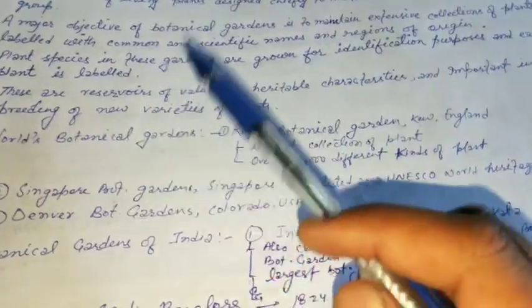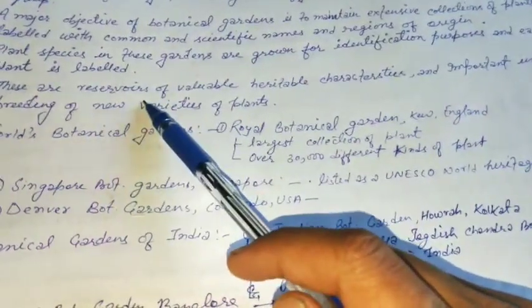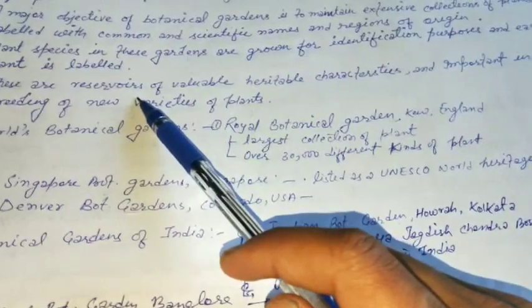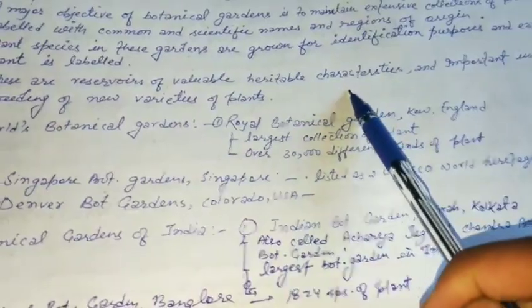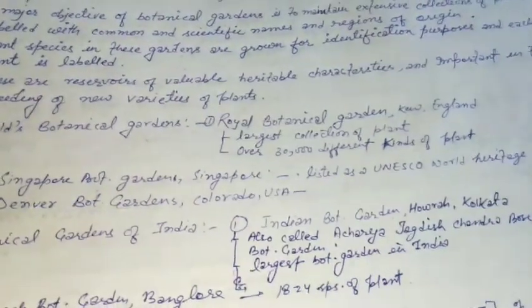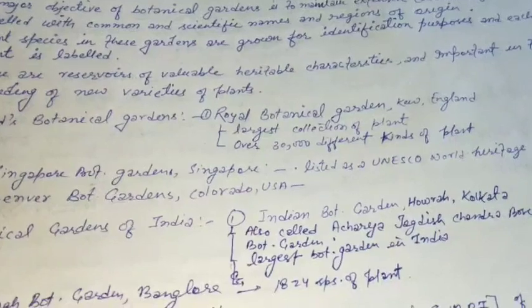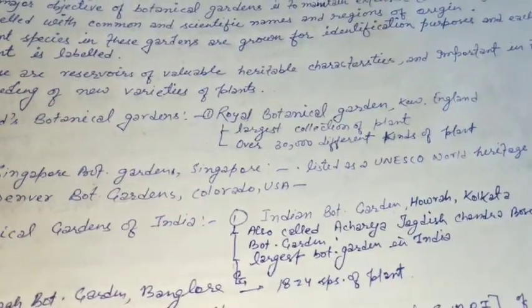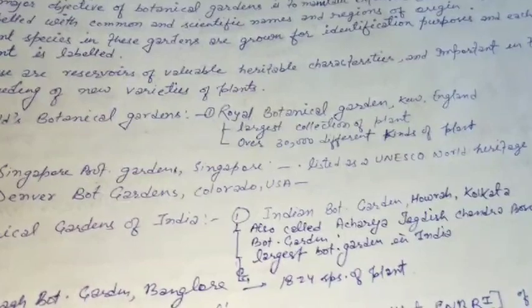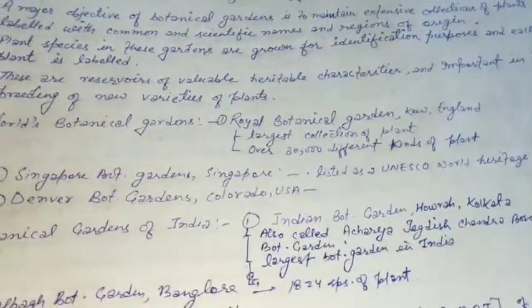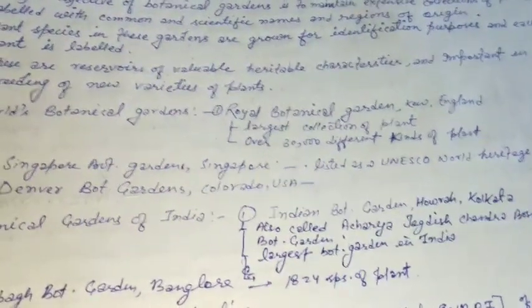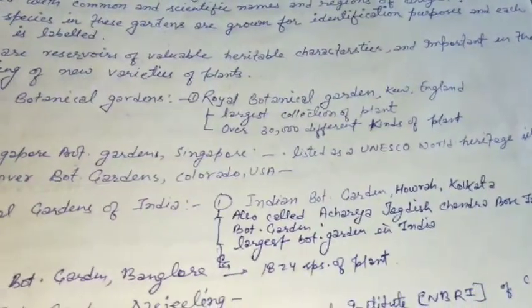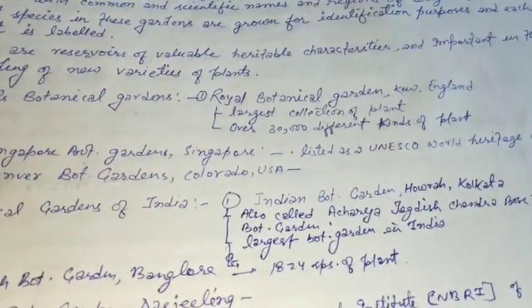Botanical gardens are reservoirs. These are reservoirs of valuable heritable characteristics: economically important plants, herbal plants, medicinal plants, even vegetable plants. All types of plants are there, which act as a reservoir whenever we need some rare plant.